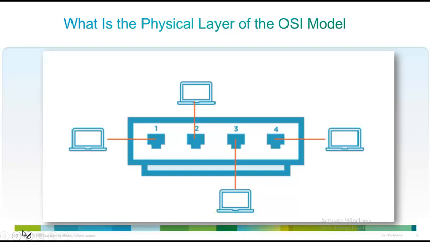So to avoid that, to filter the noise, a repeater was introduced. A repeater was in use before this hub. The drawback of the repeater is that it has got only two ports, so you cannot connect a third device. Only two devices can communicate. So a multi-port repeater was introduced, which is called a hub.